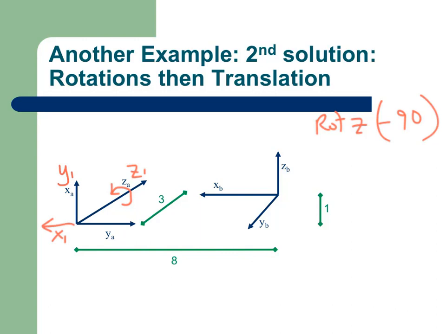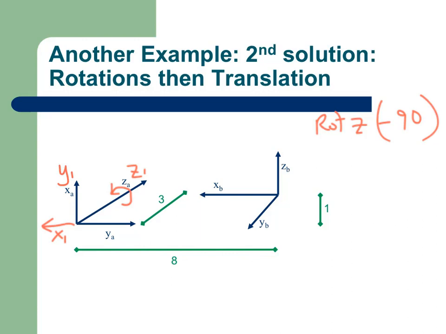And so now if we look, the one frame has its x-axis aligned with B's x-axis, so the x-axes are aligned, but the y-axis and the z-axis are still not aligned. So again, remember, this is exactly the same problem we did before. What am I doing now? I'm just trying to do the multiplications a different way, imagining I figured it out a different way and seeing if I get the same result.